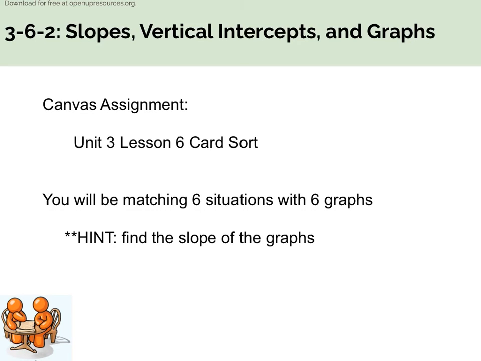You do have to have 80% or higher on this to be able to go into your practice problems. So keep on doing it. You have unlimited tries. But figure out which ones match together and understand how they match. How do the slopes need to match? And also the vertical intercepts need to match. Once you're done with that, you need to come back and we'll talk about what we have learned for today.